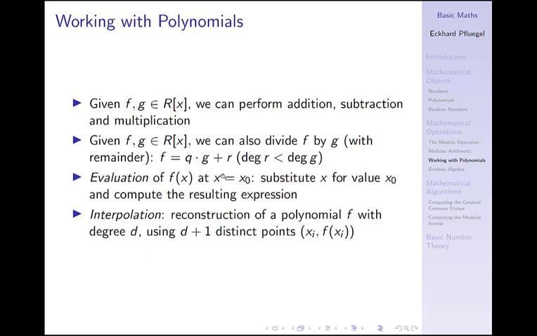So that's all basically simple polynomial arithmetic. But then perhaps more surprising, you can also divide a polynomial f by another polynomial g, and you obtain a remainder. You can actually use the degree here as a means of describing the properties of the remainder. So what you want to do is, if you have a given polynomial f, and you would like to divide it by g, and we're assuming here that the degree of g is smaller than f, otherwise it's not going to work.